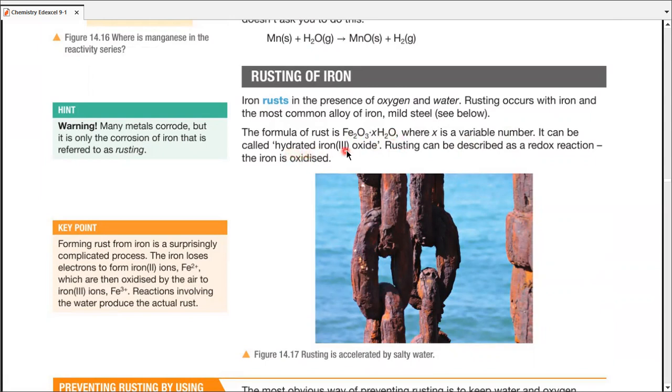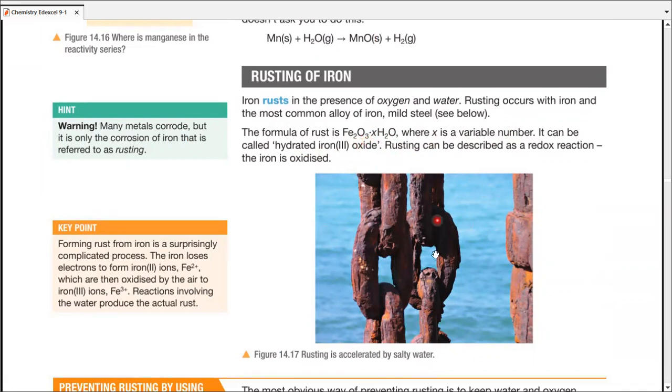We call it hydrated iron trioxide, right? Hydrated because it has water along with it. X means there can be different number of water molecules with it. It can be just one water molecule, it can be two, it can be three, it can be more. Hence the letter X.